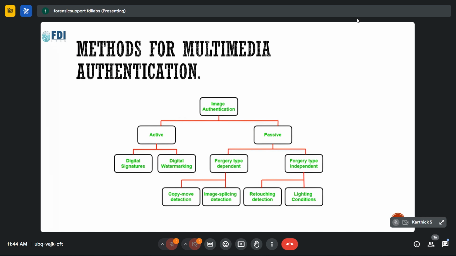Why these methods, active and passive, are used in the image authentication process is that they help to give trustworthy digital evidence, what we are analyzing. It gives accurate data, and trustworthy integrity of that data. That is why these methods are basically used for the image authentication process.